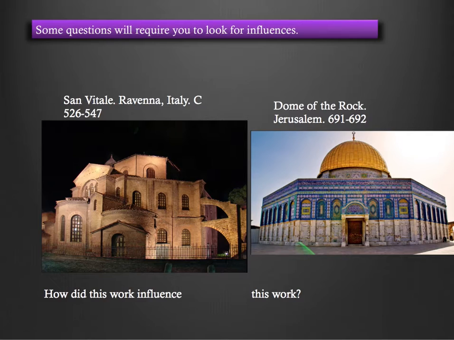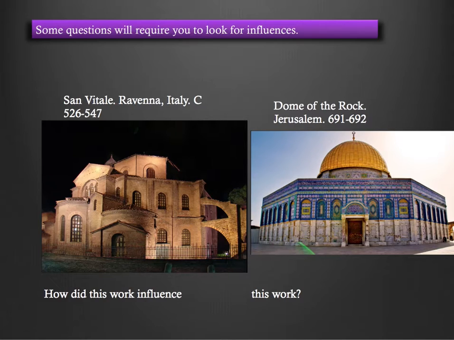Some other questions are going to ask you to look for influences. So in this particular case, I don't have a prompt, but this will be an example of an influence where you have 2 works here, San Vitale in Ravenna, and we haven't really talked about that one yet. This was constructed in 526. And then the Dome of the Rock in Jerusalem, which was constructed more than 100 years later.